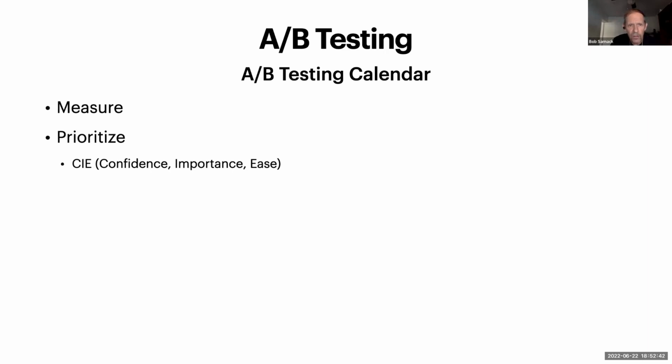How crucial is the test? How important is the page for which the hypothesis is created? And ease: what is the complexity of the test? We want to rate how difficult it will be to implement the changes and run the test. We can also use the PIE framework to prioritize: potential, importance, and ease.